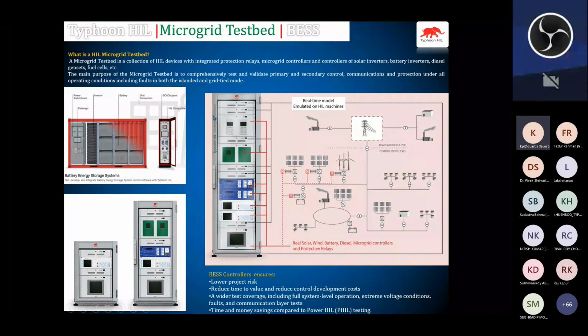Moving ahead with M series. I already informed you that microgrid is a kind of a collection of the HIL devices or integrated protection relays. So here in this Typhoon HIL, you can find this part regarding your design, what kind of a design we can have.